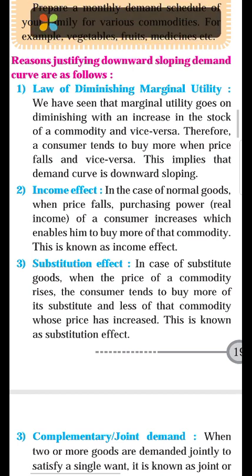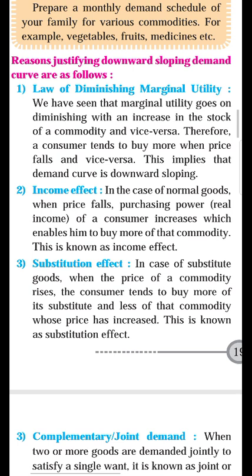And market demand is the total quantity of the commodity demanded by many buyers. It is called market demand. The thing is different: in individual demand there is only a single buyer, a single consumer, and in market demand there are many buyers. Okay, with the help of table and diagram you can see this in the previous video.